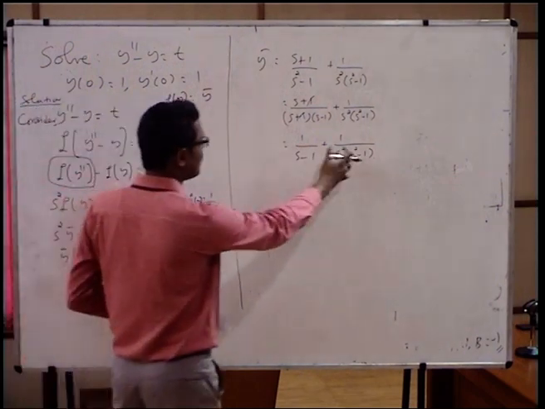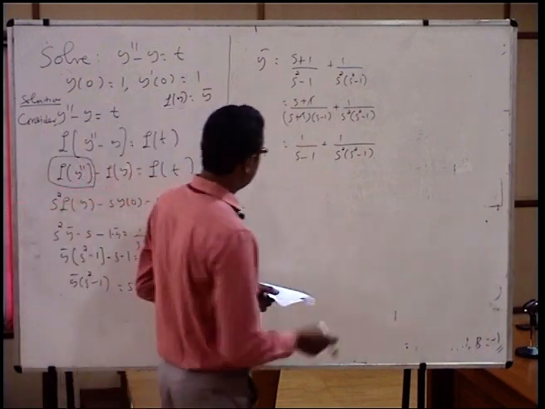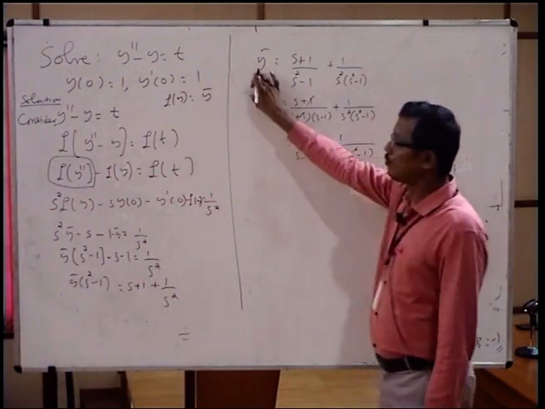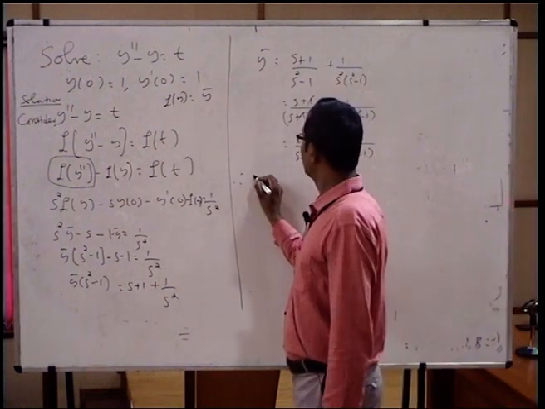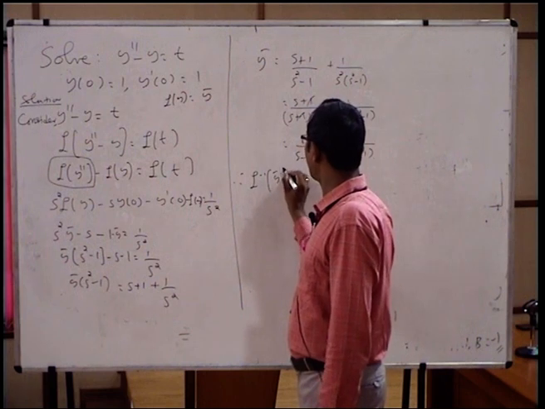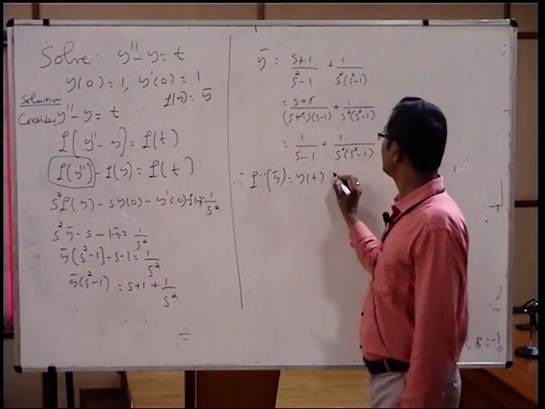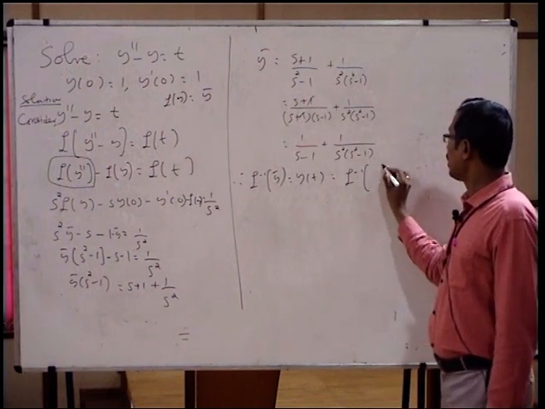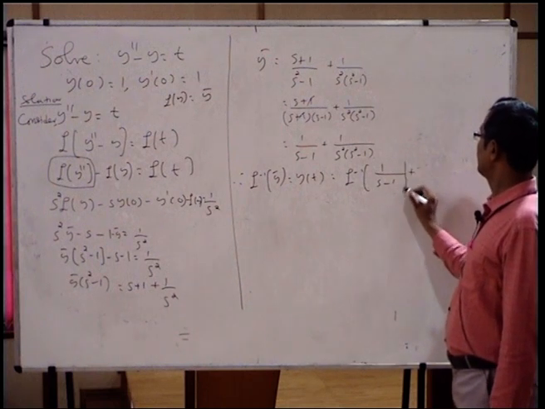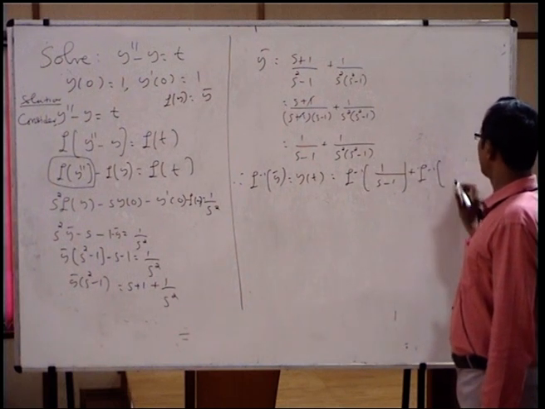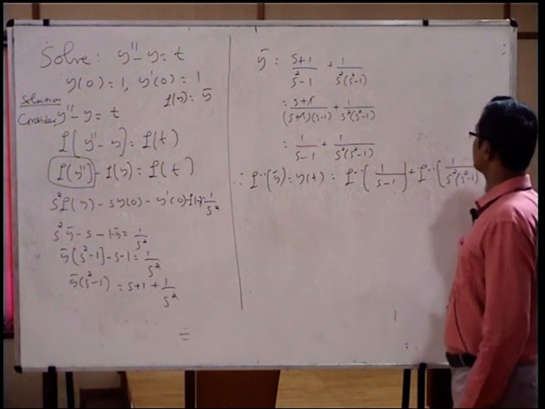Now, again if you apply the partial fraction method, we get the inverse transform of y bar, which is the required solution. Therefore, L inverse of y bar equals y of t, and that is equal to L inverse of 1 by s minus 1 plus L inverse of 1 by s square into s square minus 1.